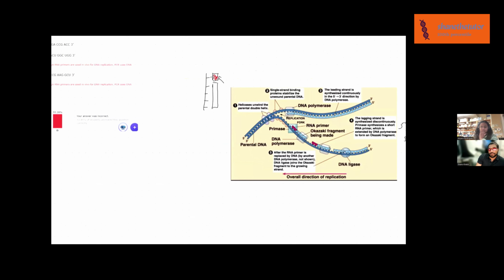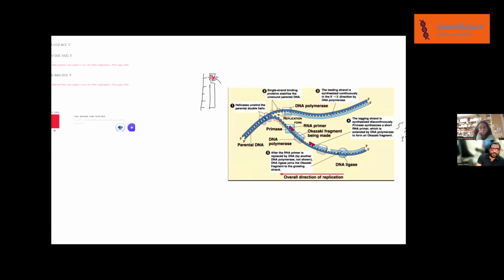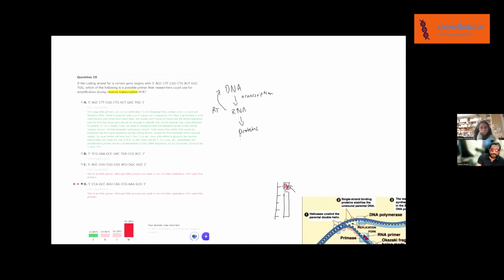So I mean they would have to say reverse transcription, because you can do a PCR that doesn't have to have a DNA primer.